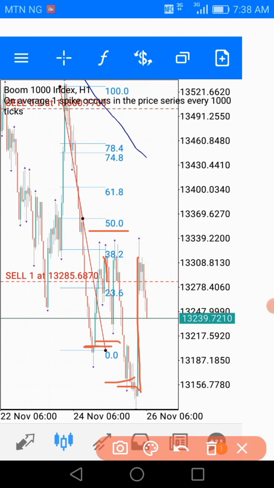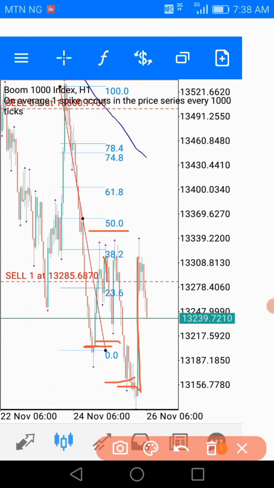It is at that point that you pick your Fibonacci and place it. For a selling cycle or Boom market, the 100 should be at the high point, while the 0 should be at the low point. When you place it, you drag it from the 100 to the low point to get the 0 at the low point.